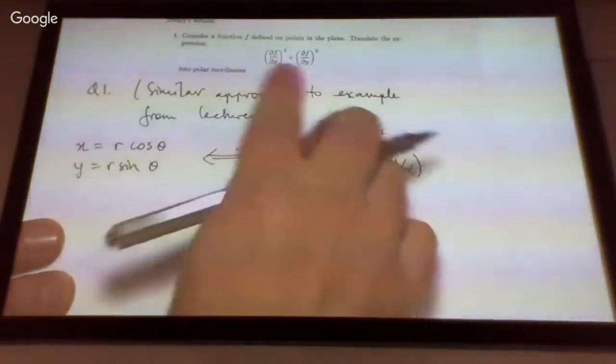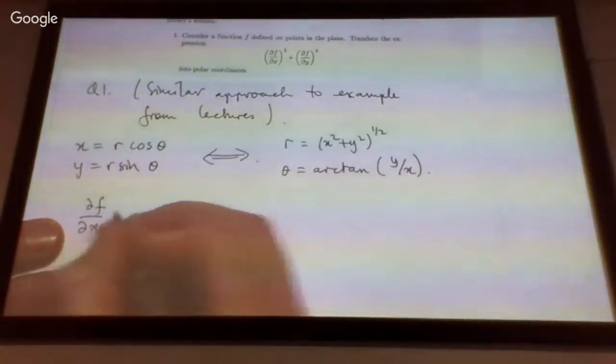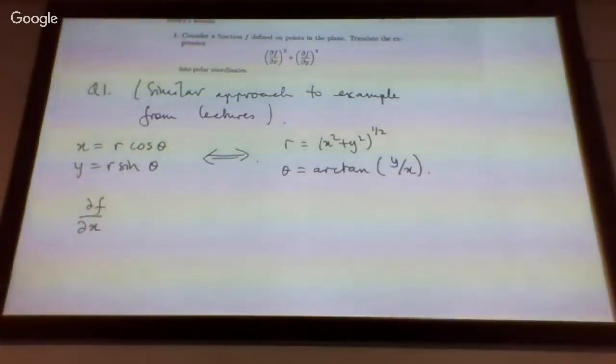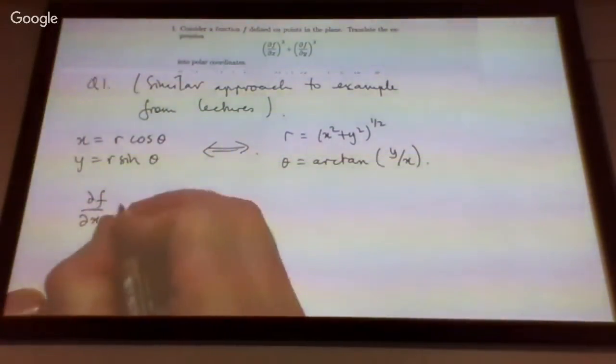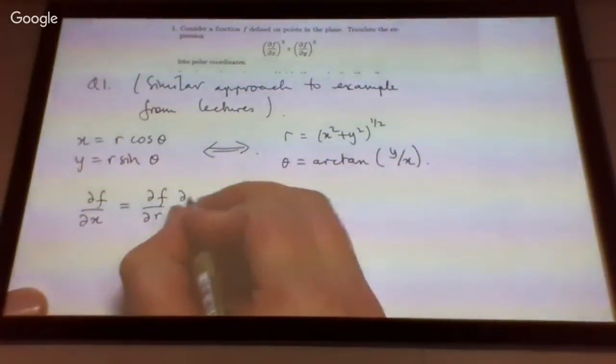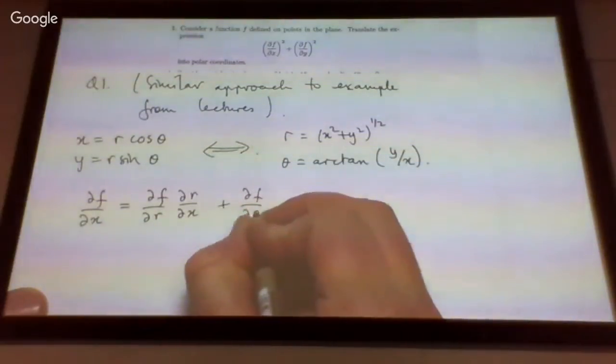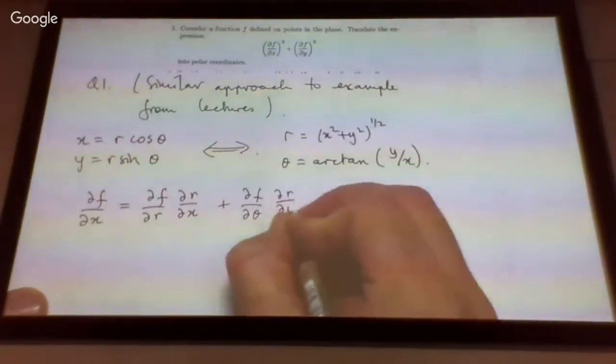So to do the translation of this, I need to consider how to describe the partial derivative df dx in terms of the new coordinate system. The chain rule tells me that this is going to be df dr times dr dx plus df d theta times d theta dx.